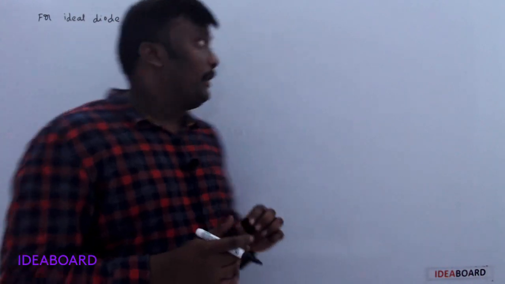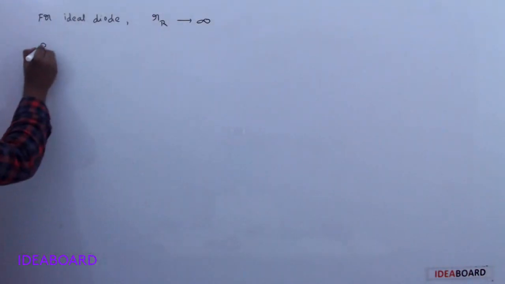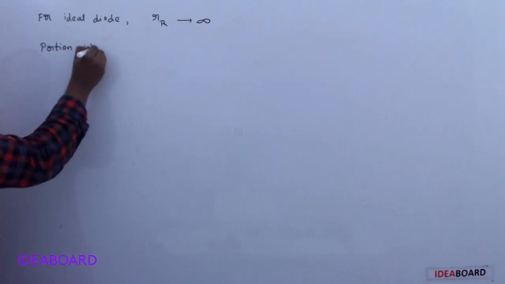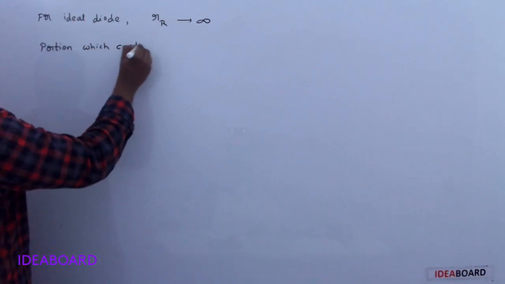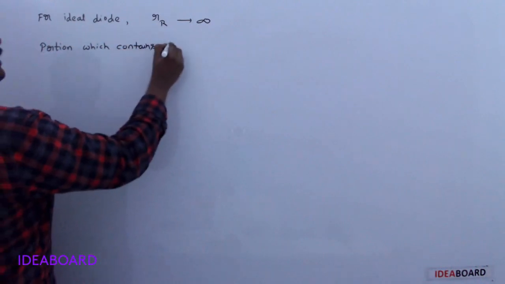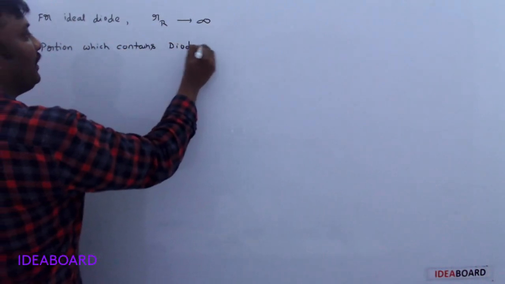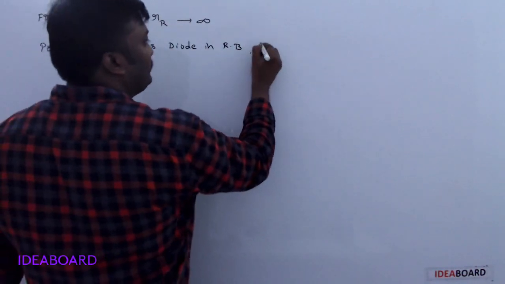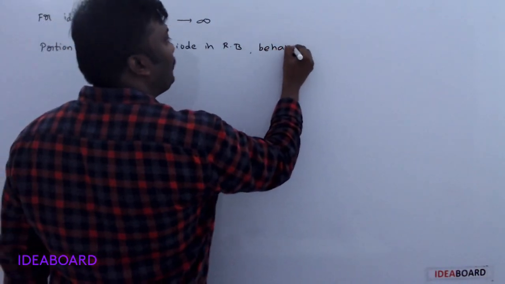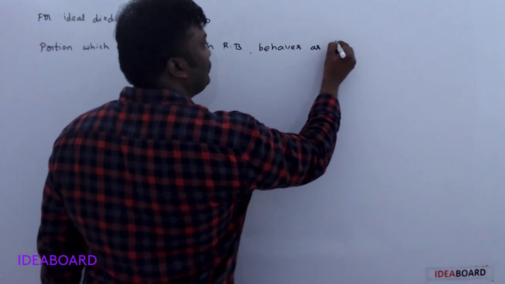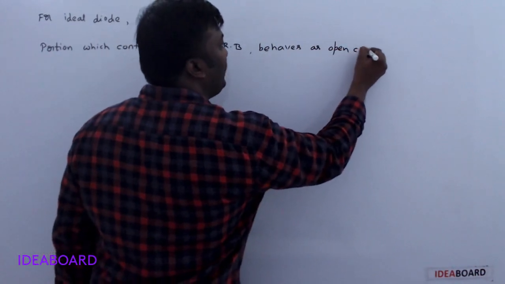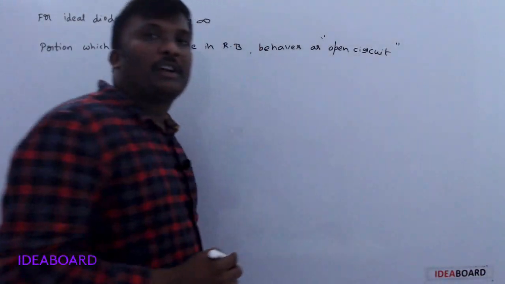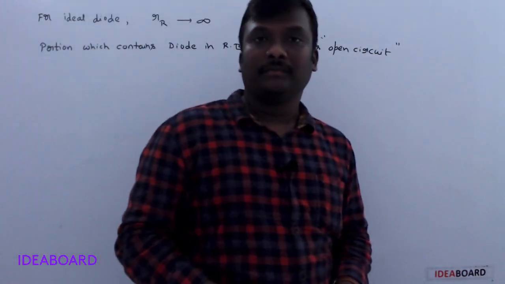Then the portion which contains a diode in reverse bias behaves as an open circuit. It's most important for numerical purposes.